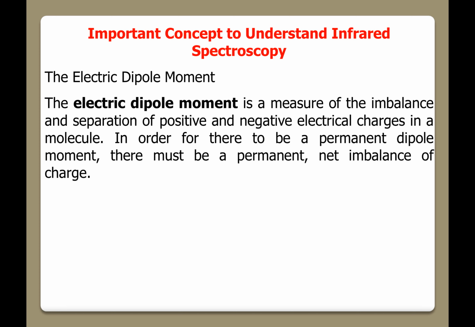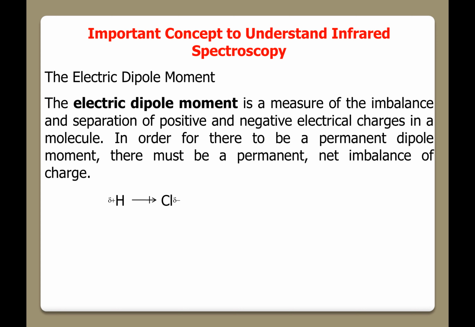So we have understood an important concept, the electrical dipole moment, which is a measure of the imbalance and separation of positive and negative charges as two poles in the molecule. And in order for there to be a permanent dipole moment, there must be a permanent net imbalance of charge. So one part of the molecule should have more concentration of electrons and the other should be electron deficient, giving partial negative and positive charges.